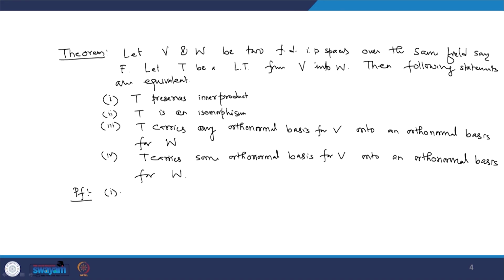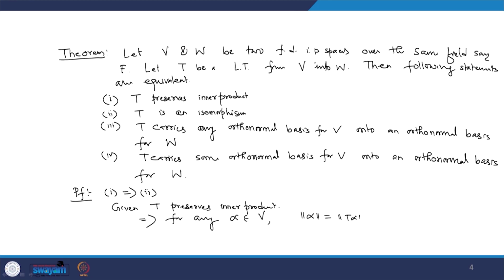So, let us prove first how 1 implies 2. Given T preserves inner product, this implies that for any alpha belonging to V, norm of alpha equals norm of T alpha. So, this implies T is 1-1.